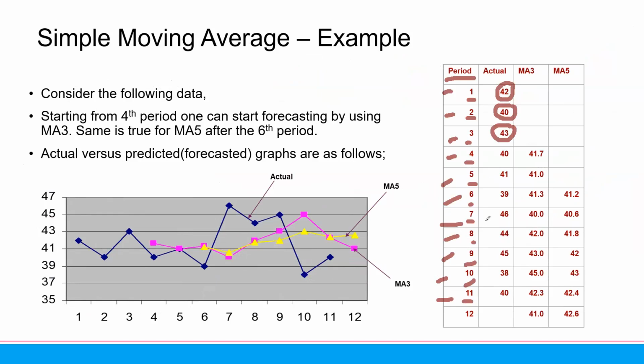Now, we can use moving average. Starting from the fourth period, one can start forecasting by using MA3. What is MA3? We call it MA. It is the moving average for 3 periods.